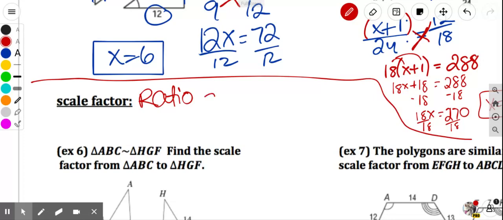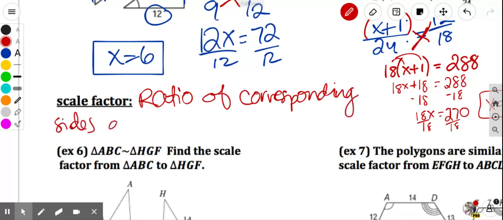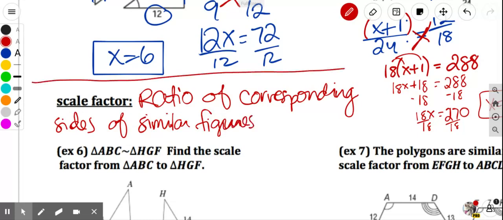So a ratio of corresponding sides of similar figures. So only shapes that are similar will have a scale factor. And the scale factor is just like that same ratio that everything reduced to.